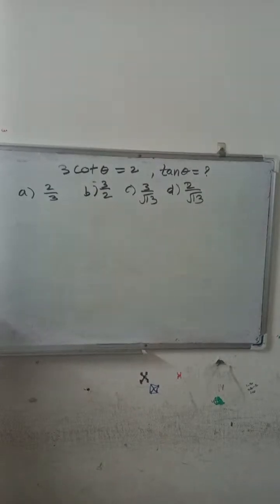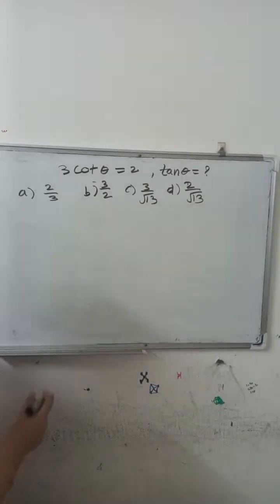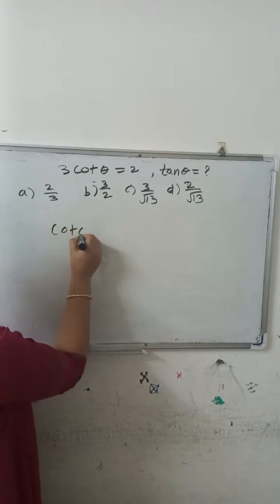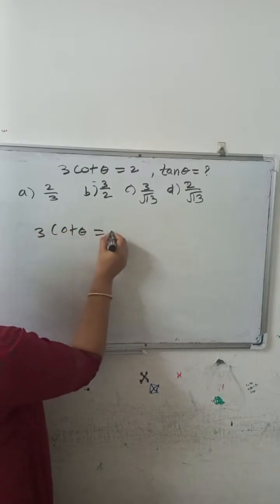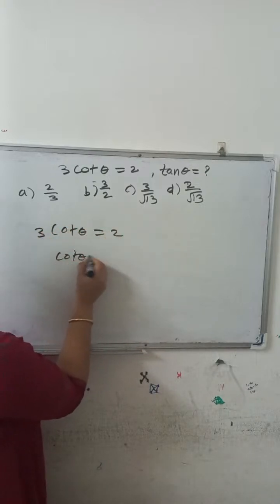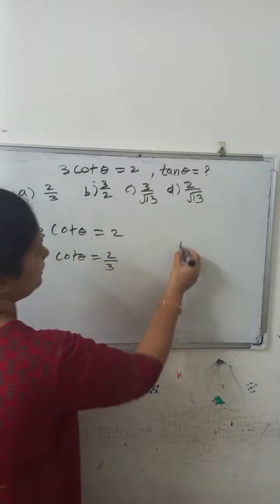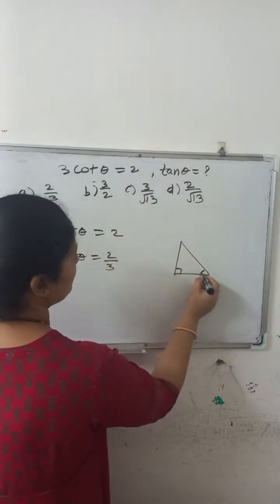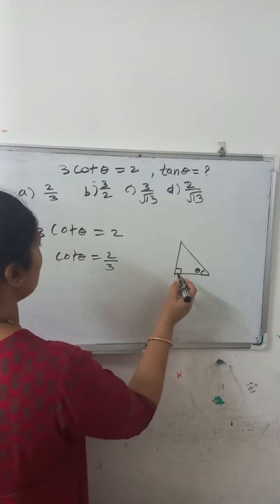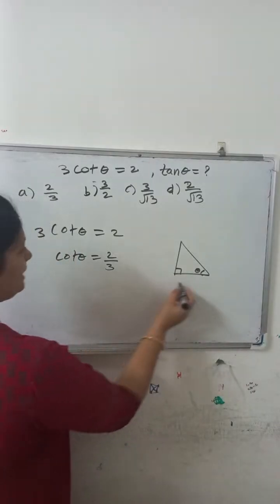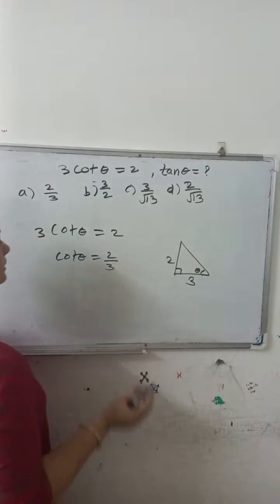So how to find tan theta here? Cot theta is there, no? Here 3 cot theta is equal to 2, then cot theta is nothing but 2 by 3. So draw the right angle triangle. You can take this angle as theta. Cot is nothing but adjacent by opposite.